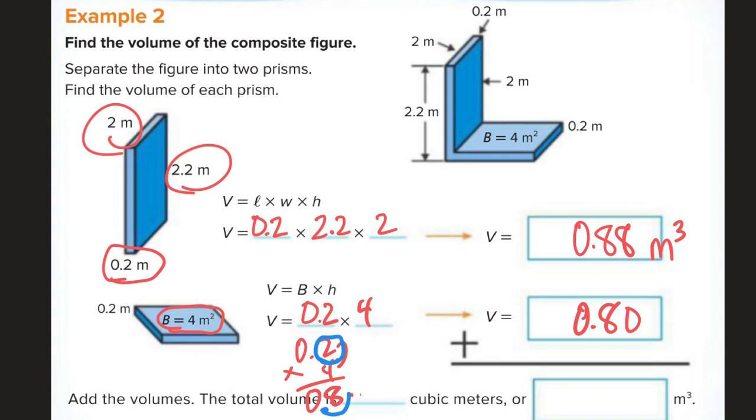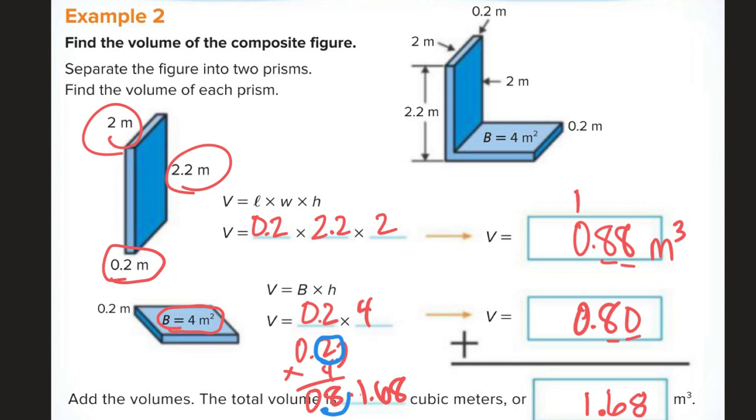So I'm going to add the hundredths place first. 8 and 0 is 8. Then the tenths place. 8 and 8 is 16. Just like normal. Bring down my decimal point. 1 plus 0 plus 0 is 1. So the volume of this composite figure is 1 and 68 hundredths cubic meters.